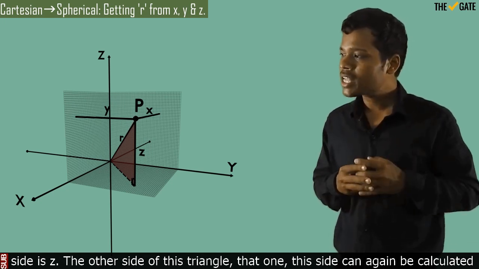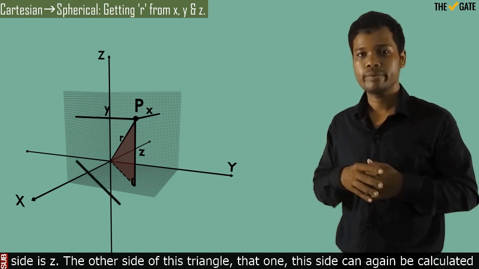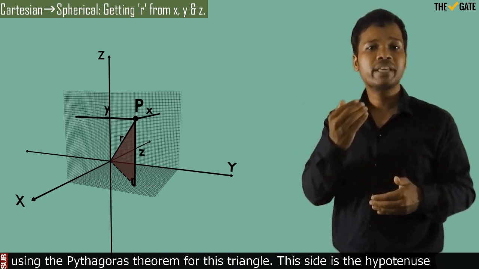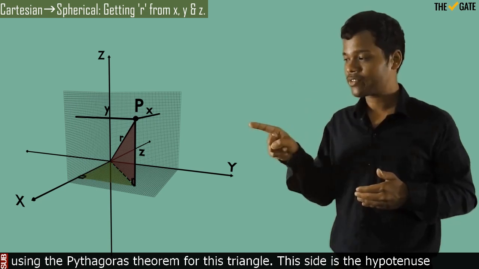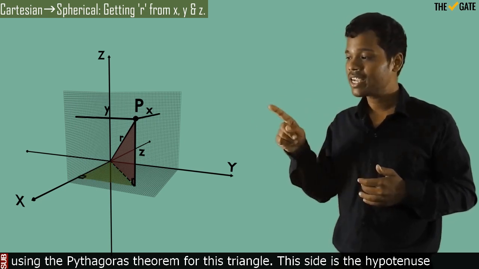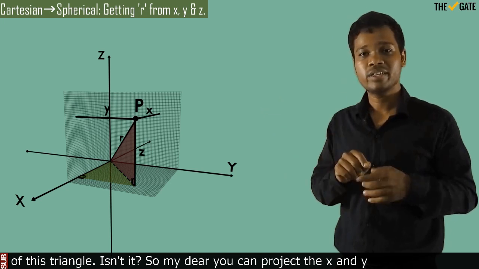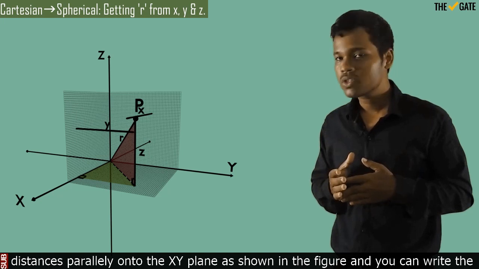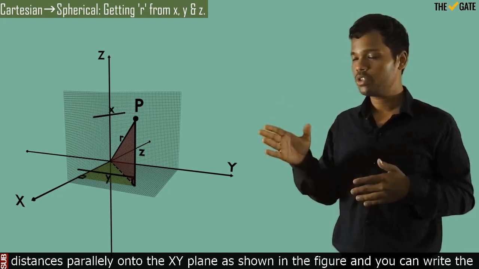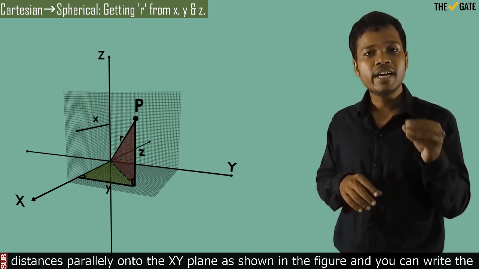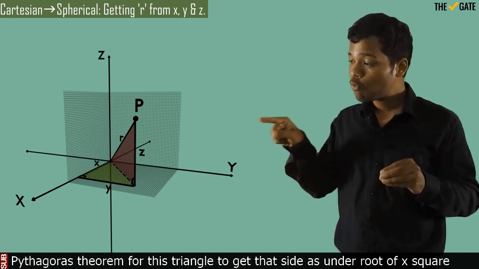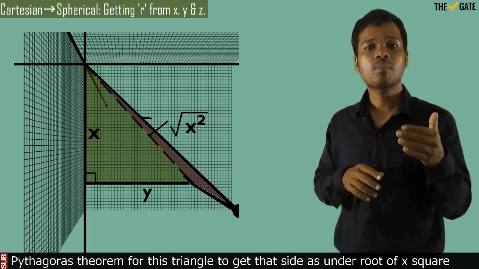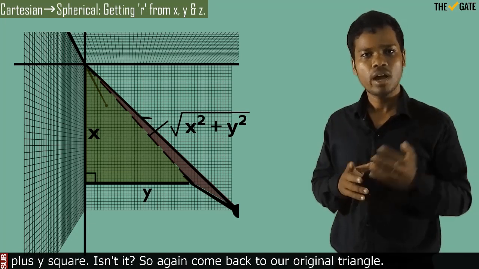The other side of this triangle can again be calculated using the Pythagoras theorem for this triangle. This side is the hypotenuse of this triangle, isn't it? So my dear, you can project the x and y distances parallelly onto the xy plane as shown in the figure, and you can write the Pythagoras theorem for this triangle to get that side as under root of x square plus y square, isn't it?